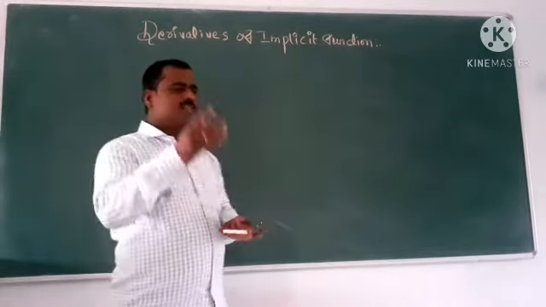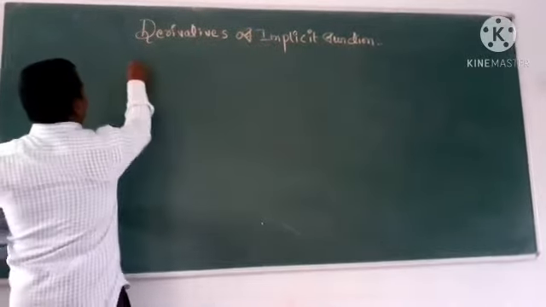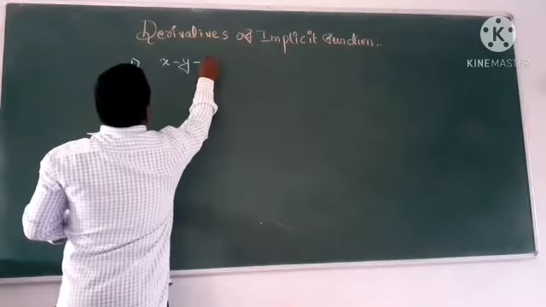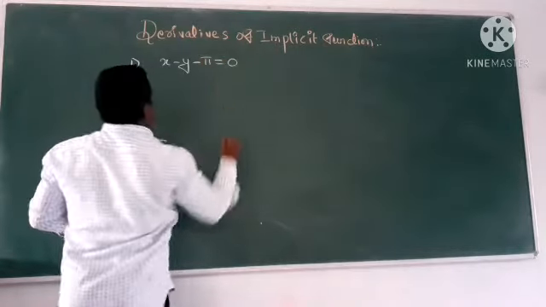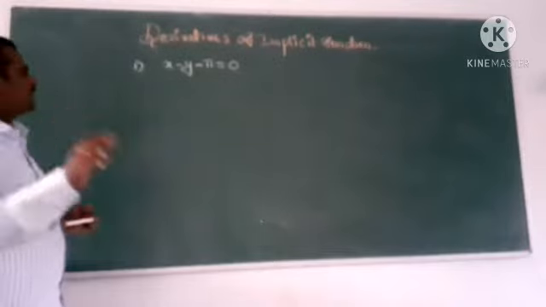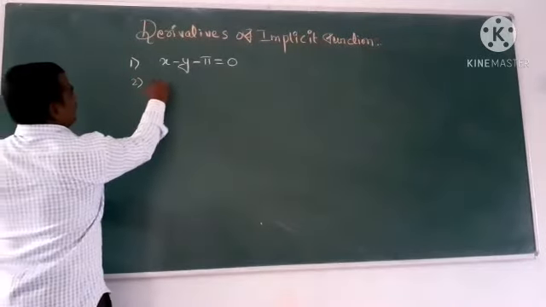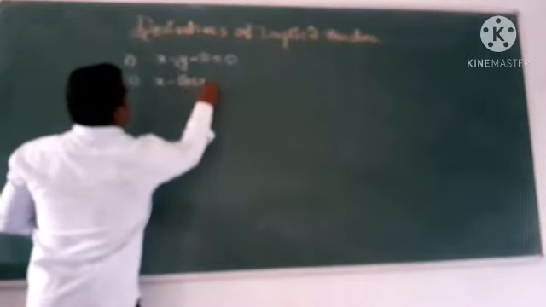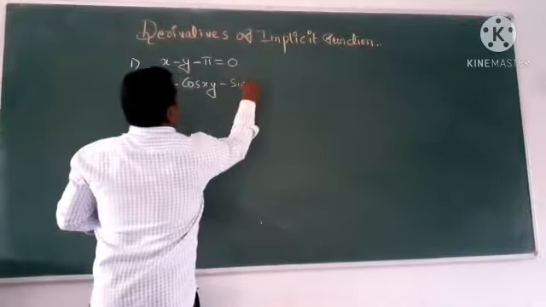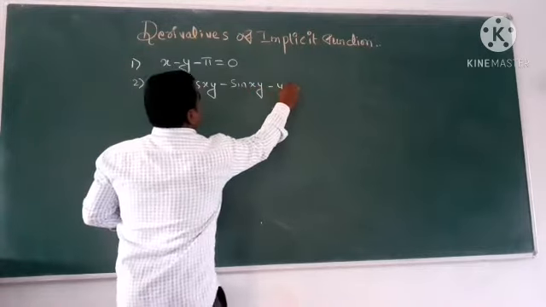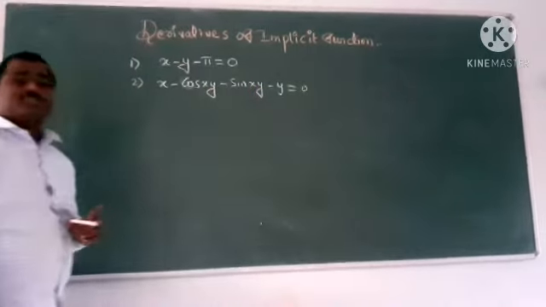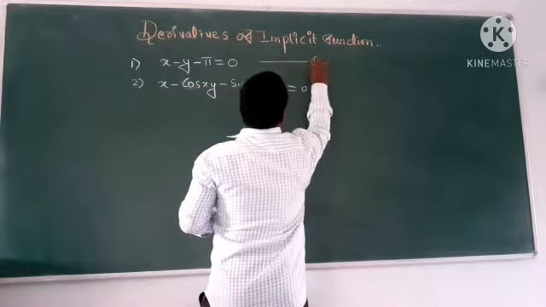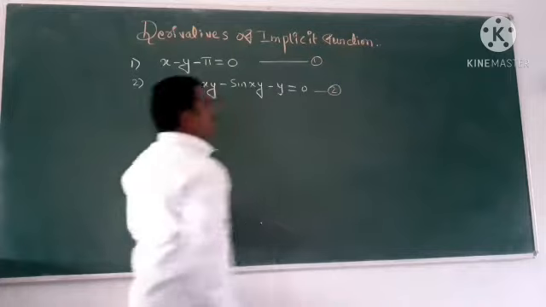First I can consider the trigonometric form. In your textbook they have given two different kinds of examples. Here, x minus y minus 5 equals 0 in the first, and x minus cos xy minus sin xy minus y equals 0 in the second. Look at these two functions, equation number 1 and equation number 2.